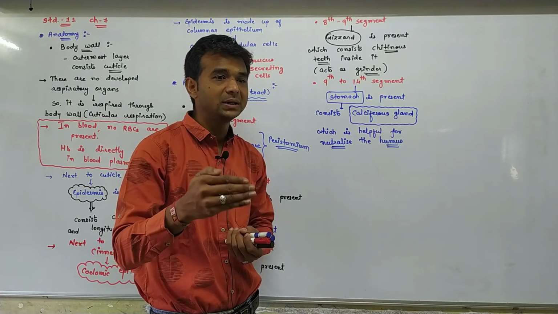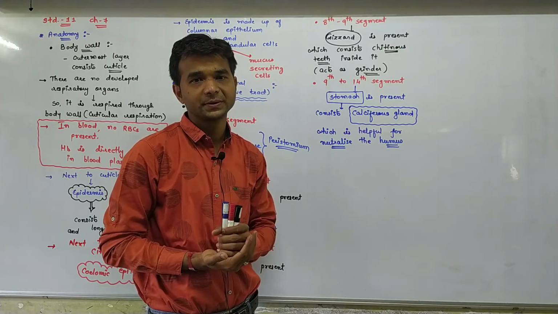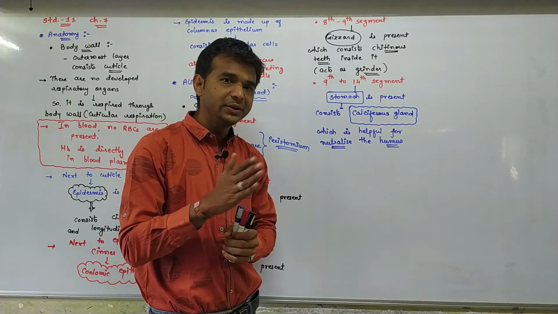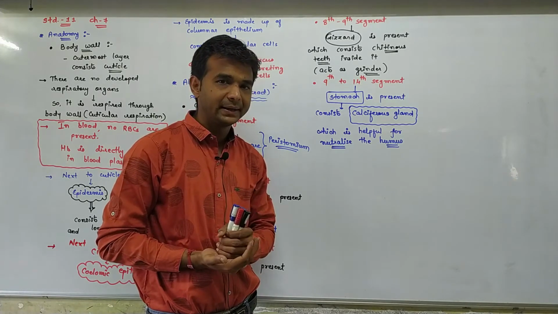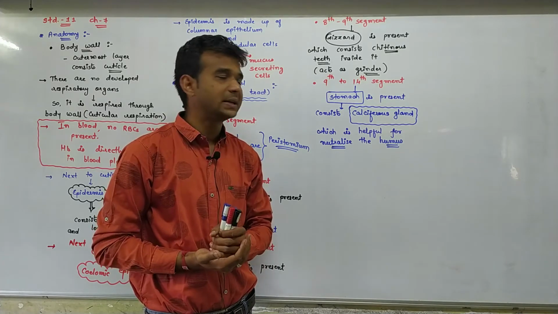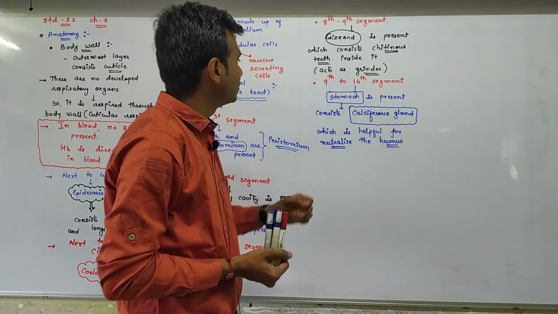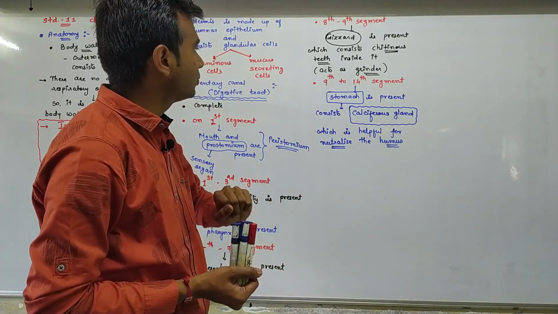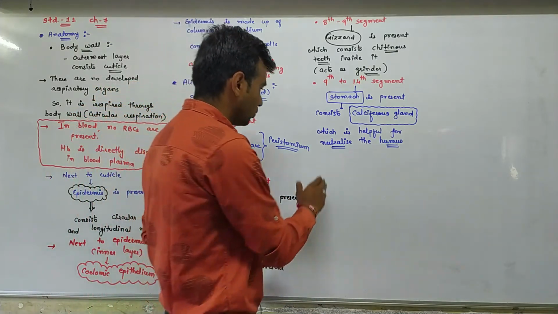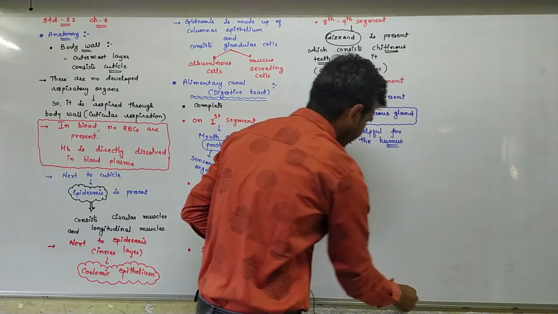Fully decomposed dead material is known as humus. Humus is neutralized by the calciferous gland, which is present in the stomach. So in the 9th to 14th segment, the stomach is present.